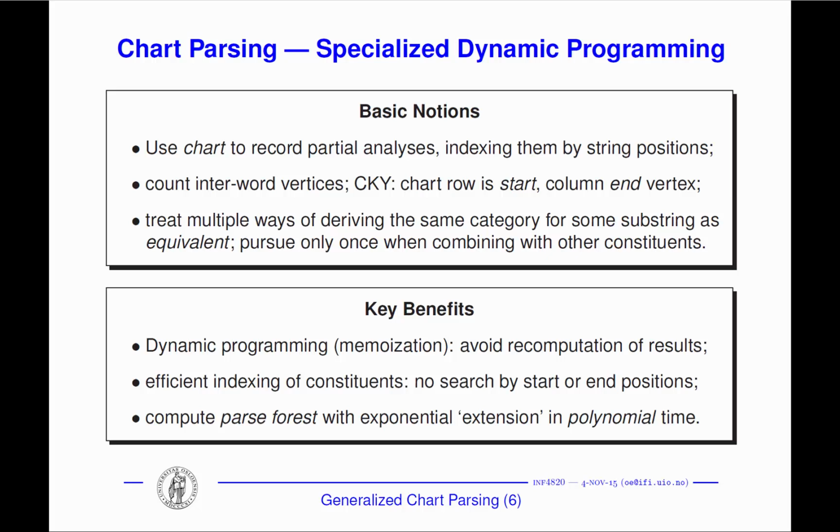And this gives us dynamic programming and memoization. There won't be any recomputation of results. The indexing into the memoization storage, the chart, is efficient by start and end positions, by integers. And effectively, as we did in the CKY case already, we're preserving all of the benefits of the CKY algorithm here: a parse forest in polynomial time.